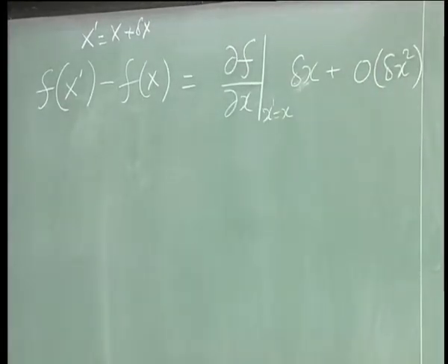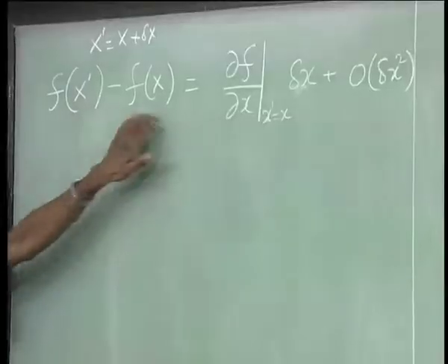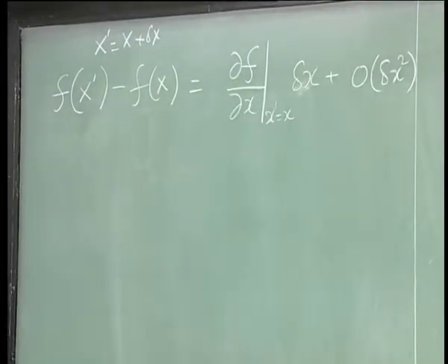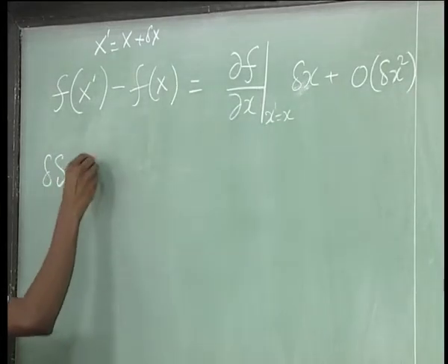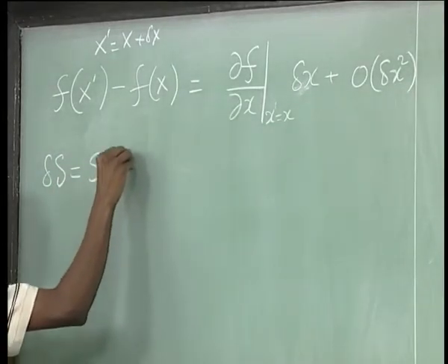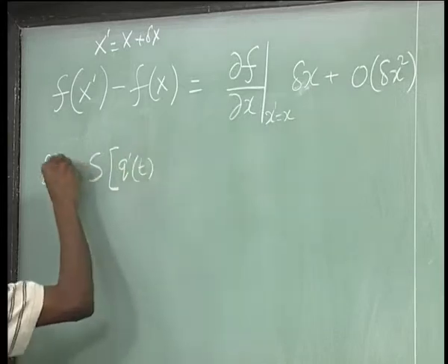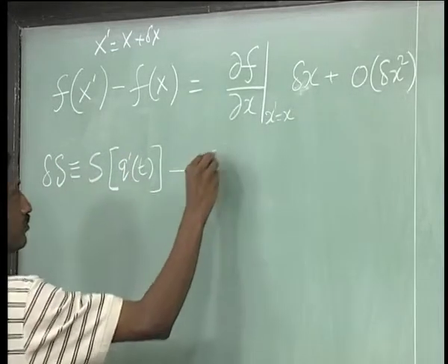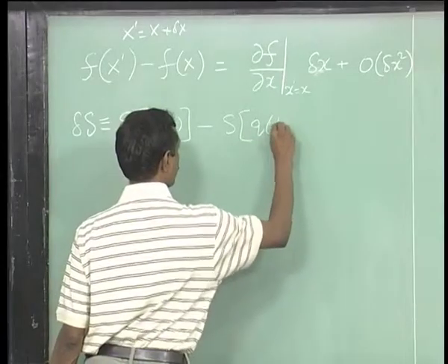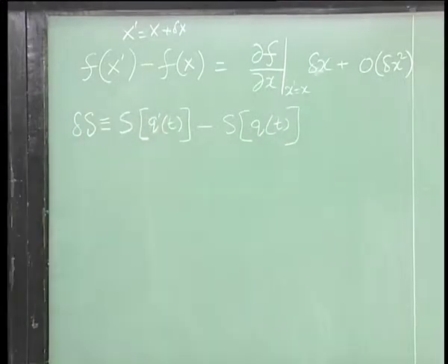So, we will repeat the same exercise, replacing these functions with functionals. So, this is just a definition. Okay. So, now we look at how we write out the action, which is out here.